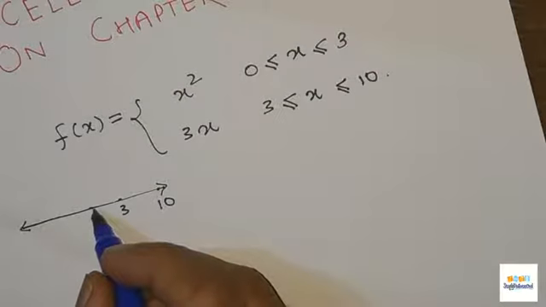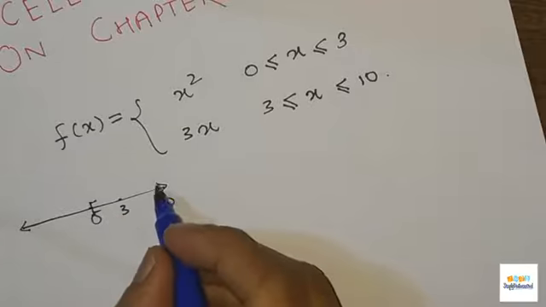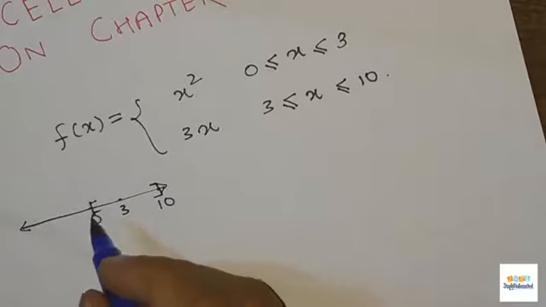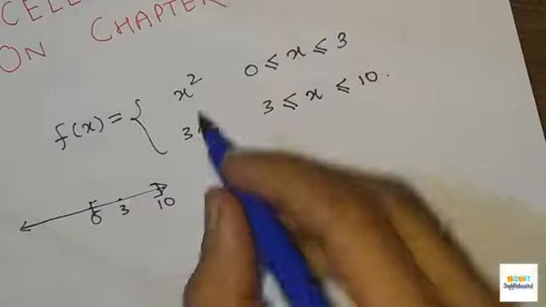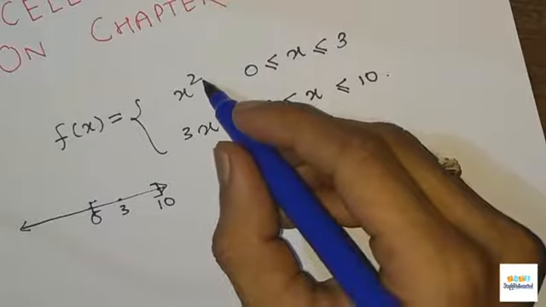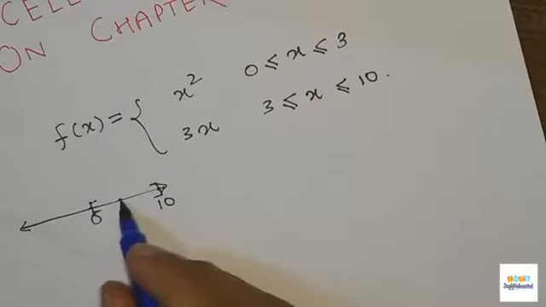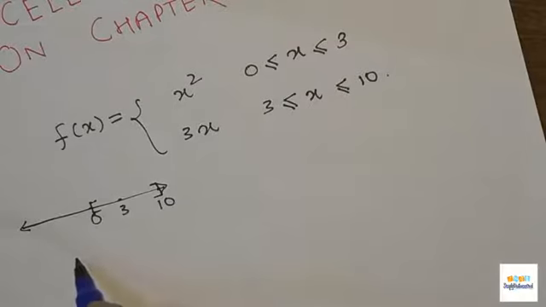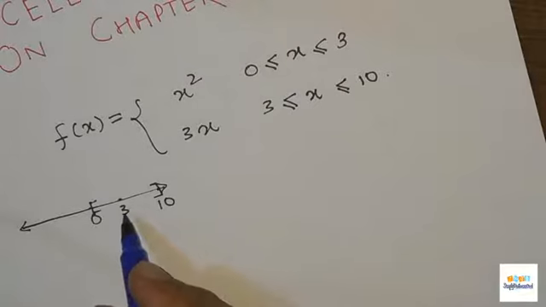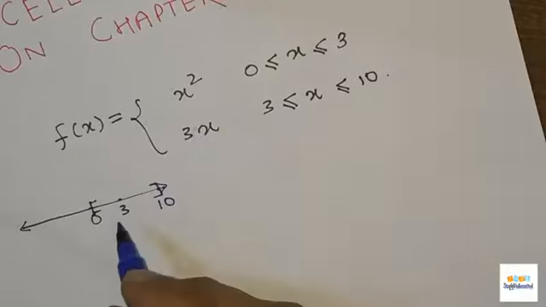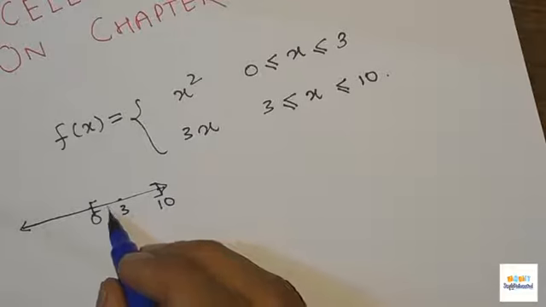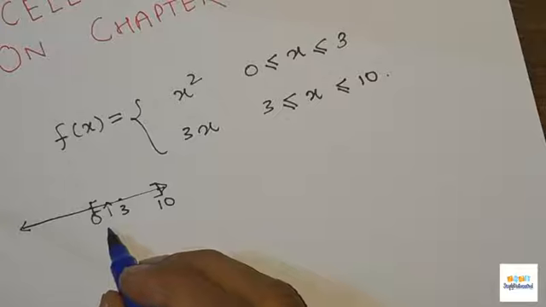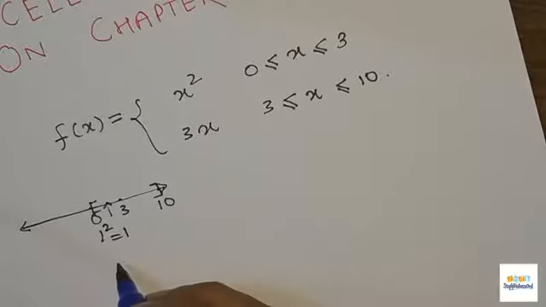Now for all the values between 0 and 10, you can see that for the values between 0 and 3, the definition of the function is x square. All these numbers between 0 and 3 are positive, so the squares of all these positive numbers will be different from each other. For example, if you take 1, then the square of 1 is 1.